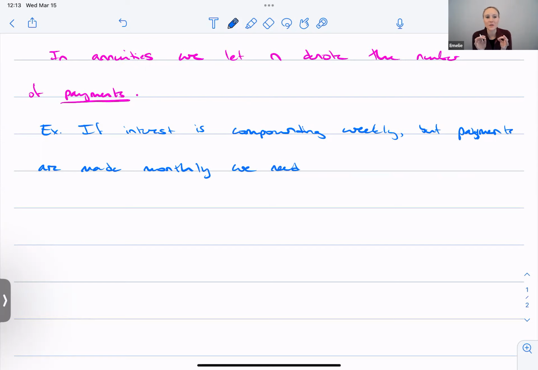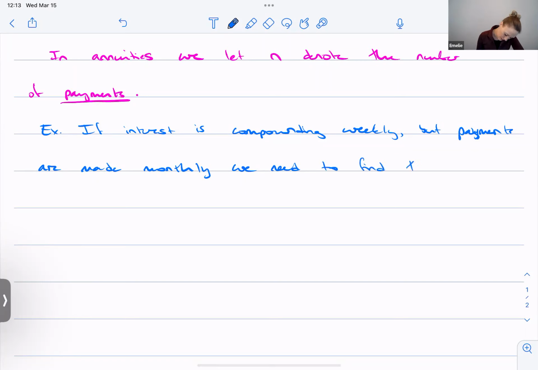we need to find the effective interest rate, and I'm using that term on purpose because that's what we're going to call it. We need to find the equivalent interest rate to compounding weekly, but changing it to monthly.